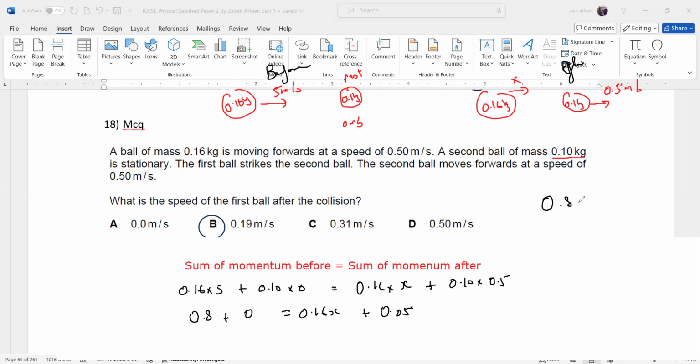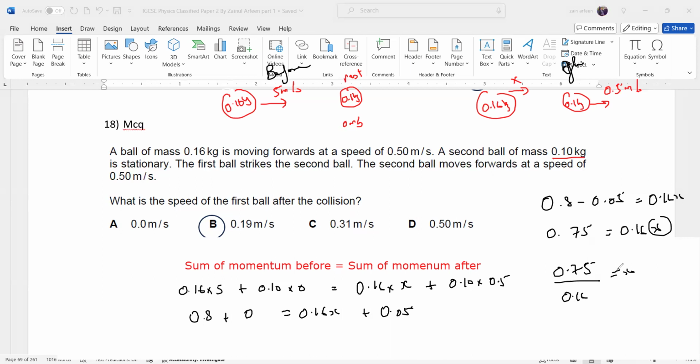So 0.8 minus 0.05 equals 0.16x, which gives 0.75 equals 0.16x. We need x, so since 0.16 is multiplied with x, on the other side it will be divided: 0.75 divided by 0.16.